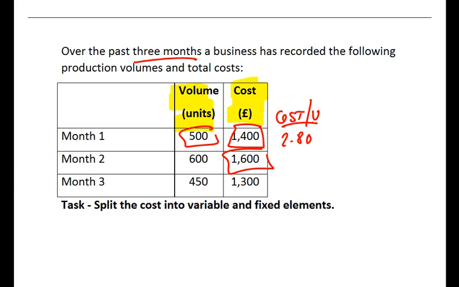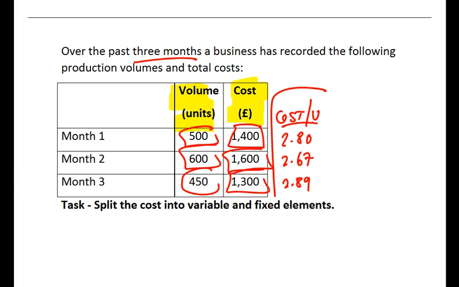Well, what about month 2, where the cost had risen to £1,600, but the volume's risen to 600 units. Now, if you do 1,600 over 600, well, it gives me a different figure, 2.67, if I round that to 2 decimal places. And then in month 3, well, actually you can see we've got the lowest cost overall, £1,300, because we've got the lowest volume. So divide by 450 units gives me now 2.89 if I round to 2 decimal places.